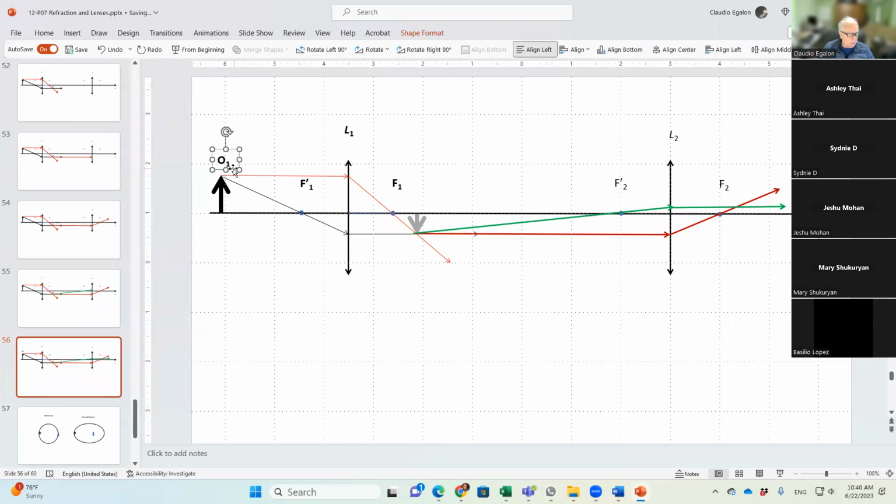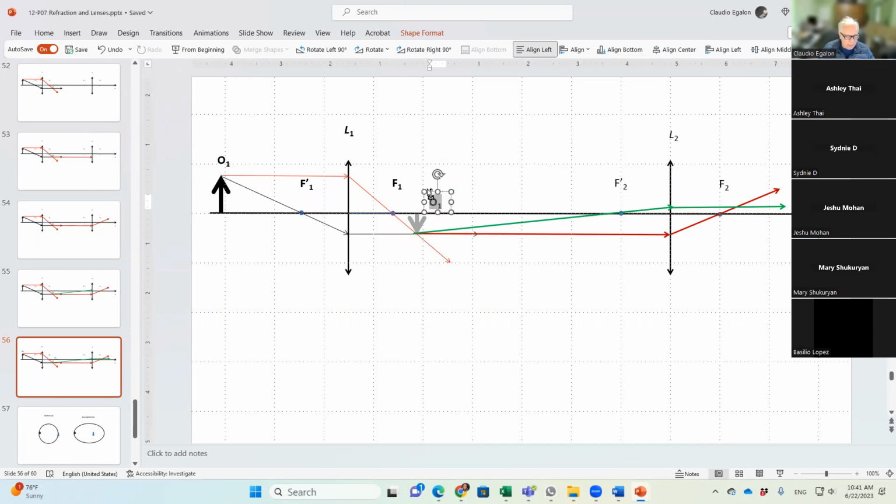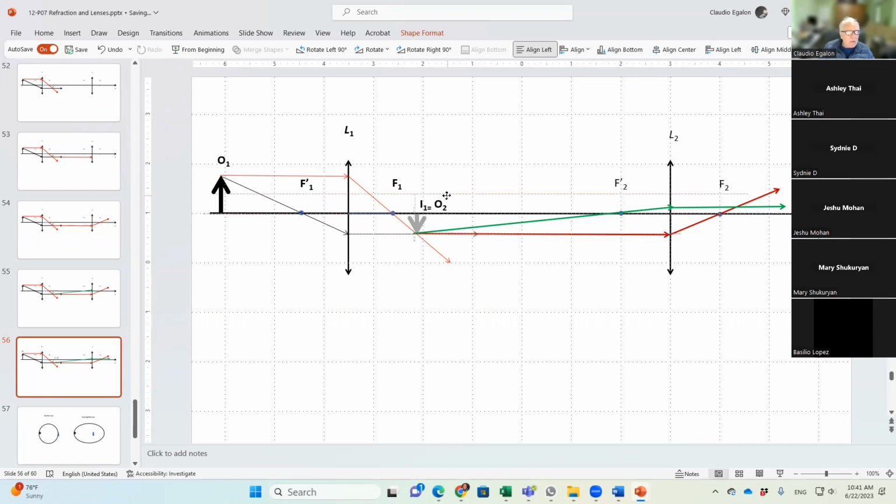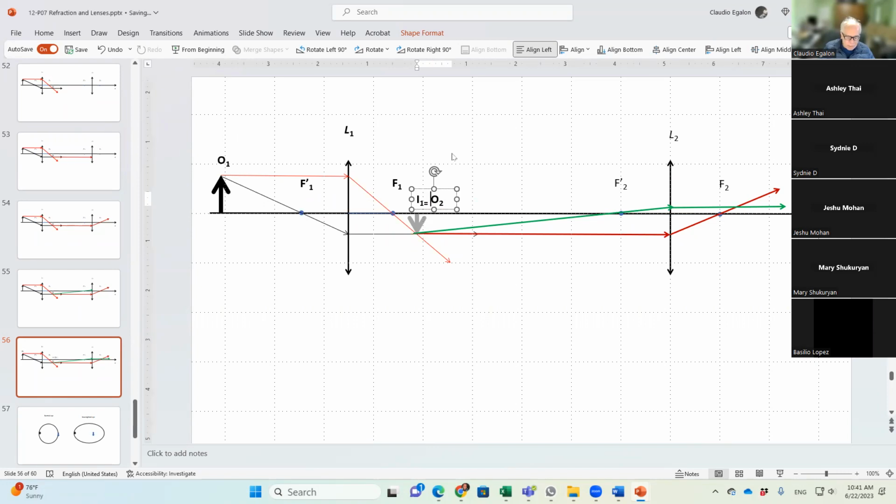And now this one becomes image of one, capital I1, which, by the way, is also the object of two. And because the image is in front of the lens, the object of two is going to be a real object.